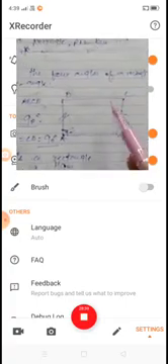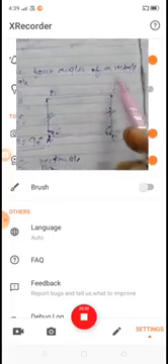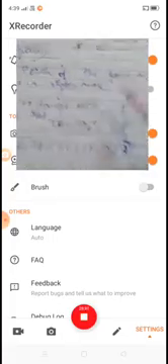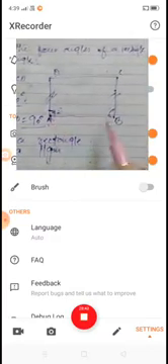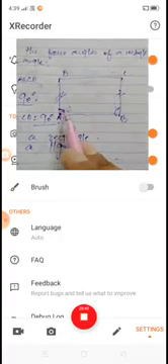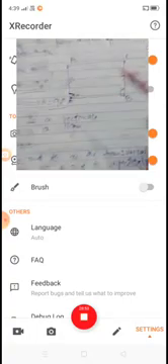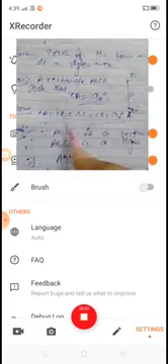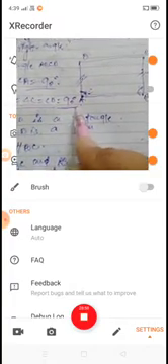Now let's see once more. Your theorem is each of the four angles of a rectangle is a right angle. First of all, you draw a rectangle ABCD such that one angle A is equal to 90 degree, and you have to prove that each angle, that is angle A, angle B, angle C, angle D is equal to 90 degree.